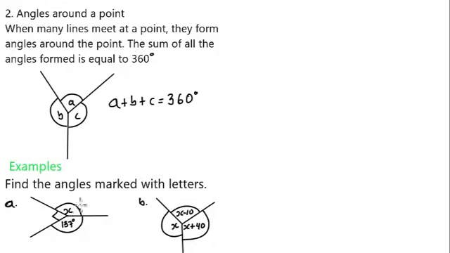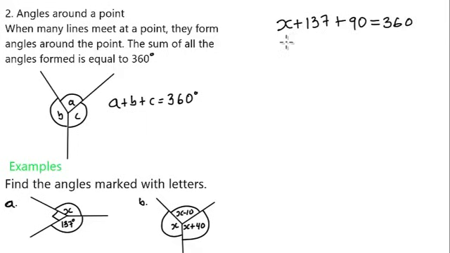So let's do that. And so we are going to add this angle plus this angle plus this angle is equal to 360. And so we have x plus 137 plus, and then this angle is 90 degrees, so plus 90 degrees is equal to 360 degrees.